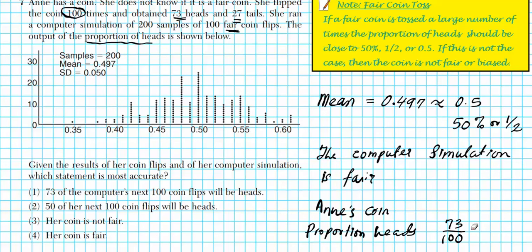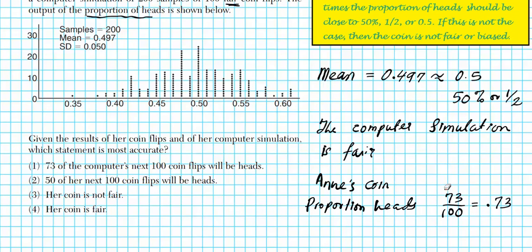Okay, that's in percentage form is 0.73. Now you see what's happening here. This is not close to 1/2. This coin, her coin, is not fair. Is biased. Is biased in what direction? Is biased in the direction of the head. So whenever she flips, she's more likely to get heads. So that's not fair. Okay. So Anne's coin is not fair.